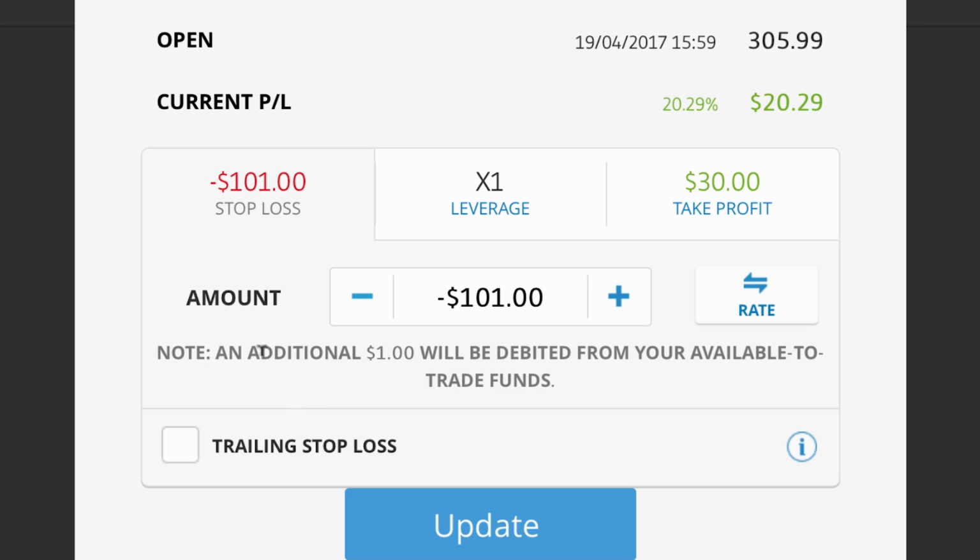Now you see this little thing pop up at the bottom, and it says note an additional $1 will be debited from your available to trade funds. So you can set it as low as you want, as long as you have the money in your available funds to cover the maximum amount you can lose. So I could set it to, you know, minus 200.